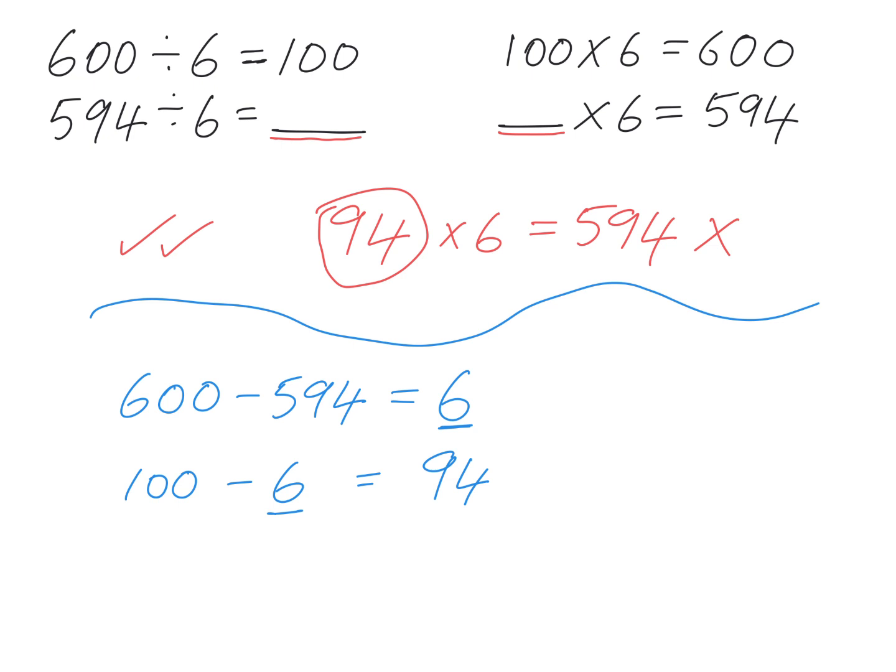Here we need to redirect the students back to what do we already know and what's the question asking us. Also, what do we notice about the numbers in question? So we already know that 100 groups of 6 equals 600. And then we want to know how many groups of 6 equals 594.